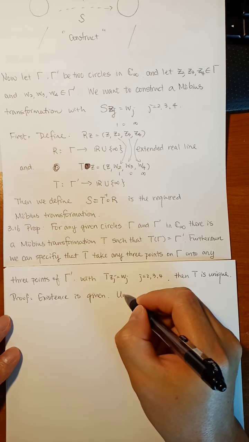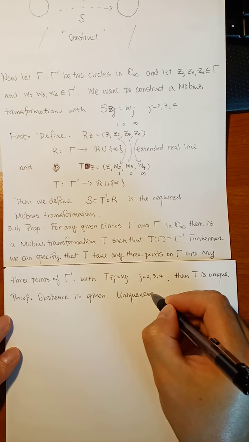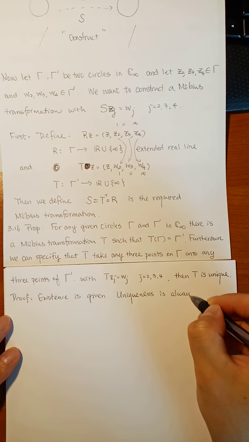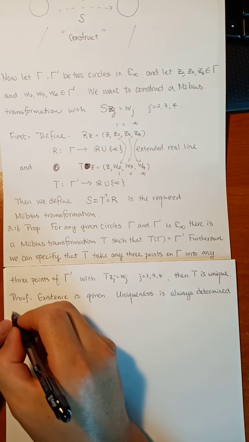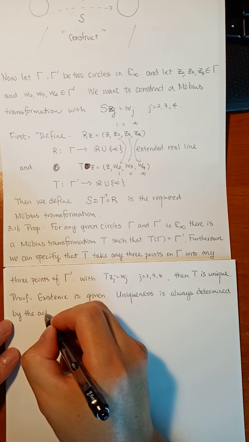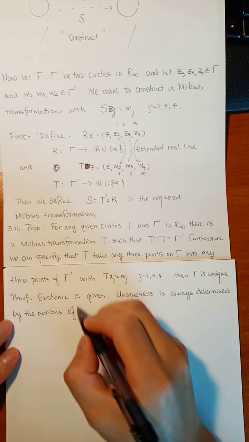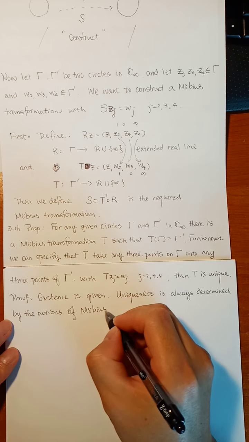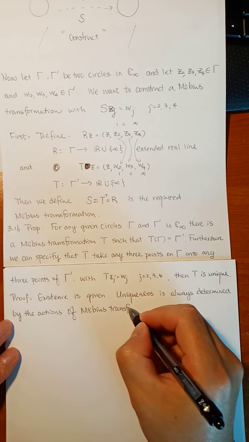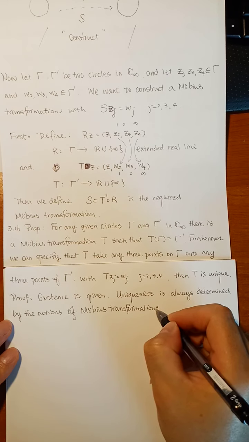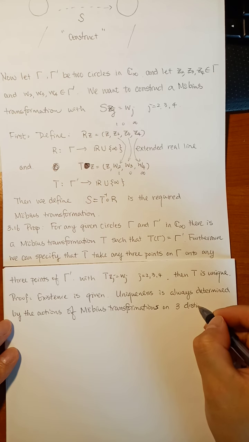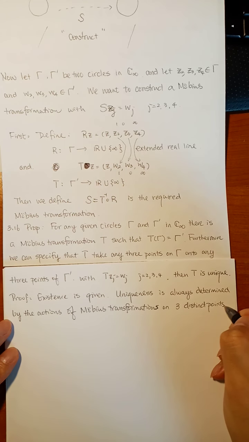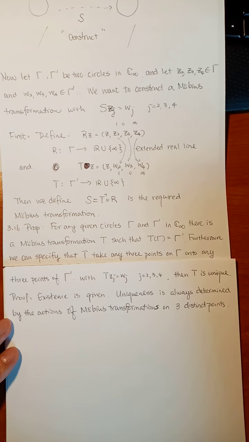So the uniqueness is always determined by the actions of Mobius transformations on 3 distinct points. Whenever you have 3 distinct points, then you always have uniqueness.